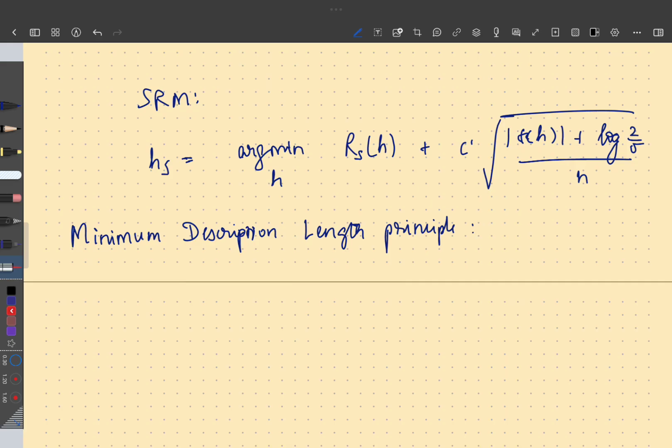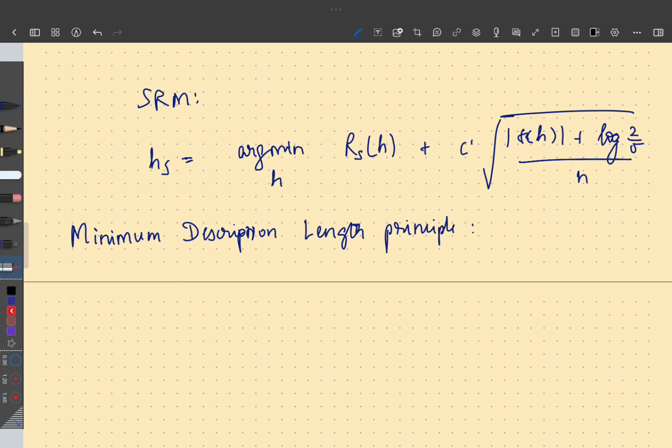The minimum description length principle is far more general in a sense. We've only seen it applied to this, but it's a general principle that people like to follow. Always choose the simpler description, always choose the simpler solution compared to the more complex one. So the set of all polynomials is already uncountably infinite.